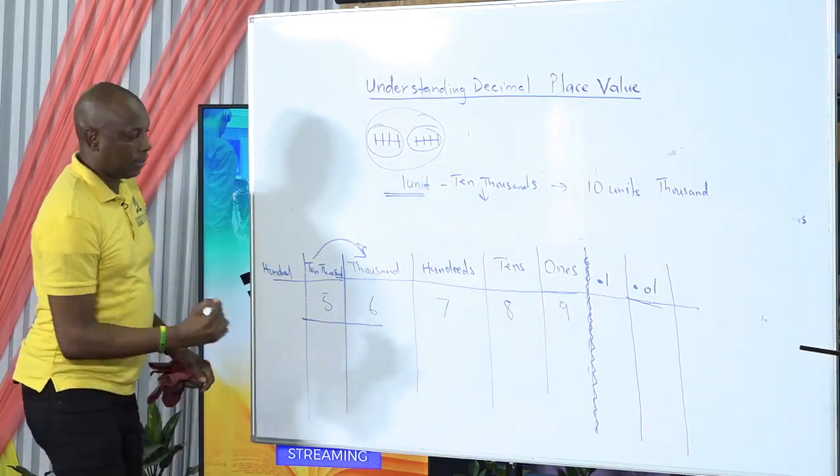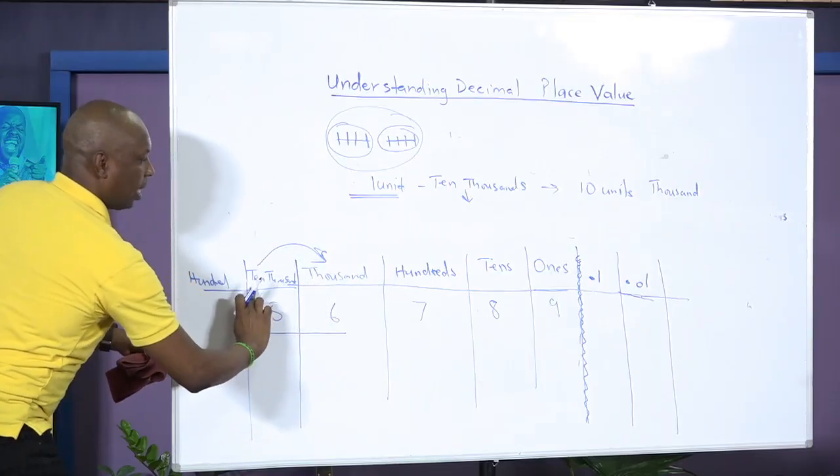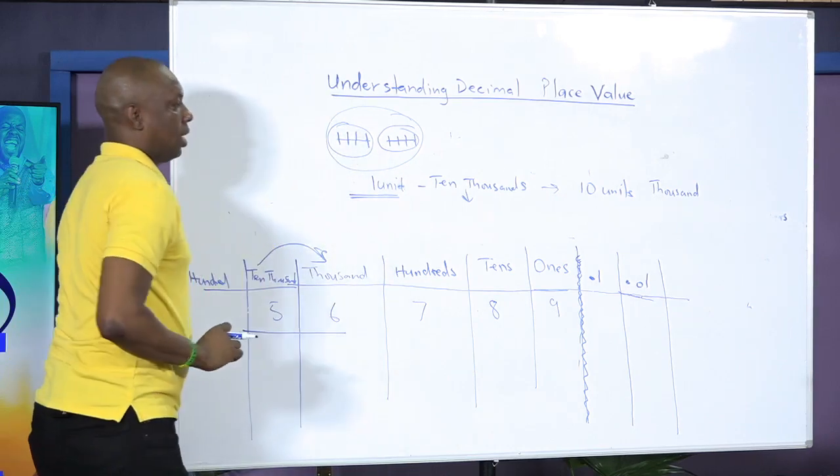So it takes 10 thousands to make 1 ten thousand. 1 ten thousand contains 10 thousands.